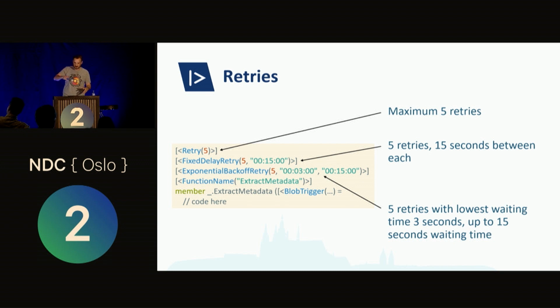Or if you want to make it even more powerful, from the stuff you, I would say, already know from libraries like Polly, you just do the exponential backoff, so it starts with 3 seconds and then goes up to 15 seconds waiting time, 5 times at most, and then it's just gone. So this is pretty cool to tweak a little bit when you know that, for example, your Azure Functions will be calling another service somewhere else, and it can fail.